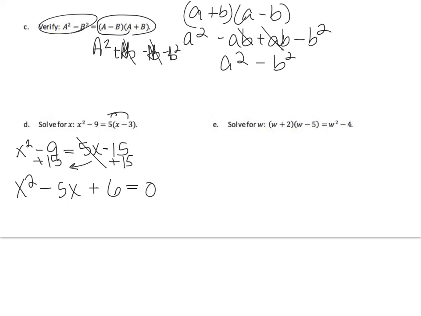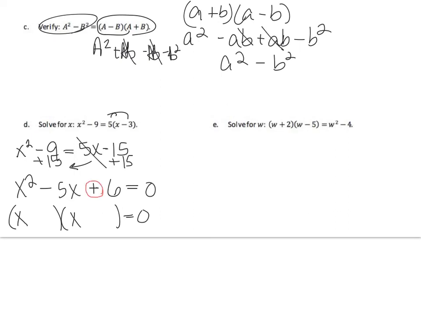Cool. Now we have to factor this into 2 sets of parentheses. Okay, it's a little bit challenging. I know I want x's here, but now I need to pick what goes in the second spot. Okay, there's a little trick here.